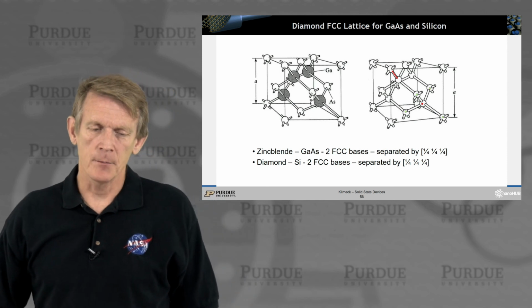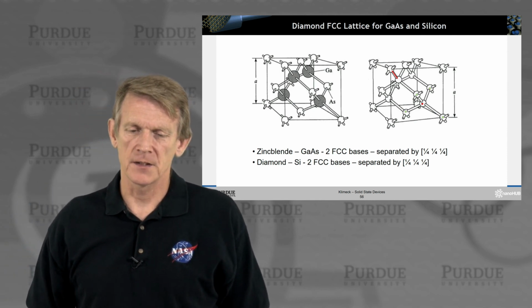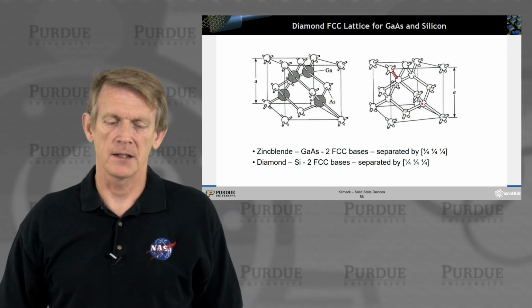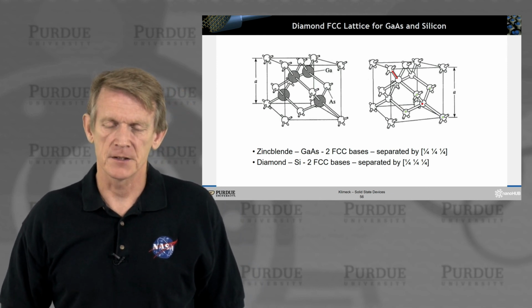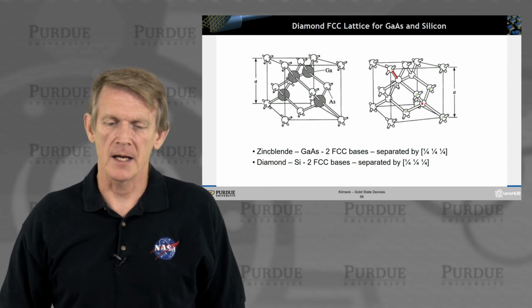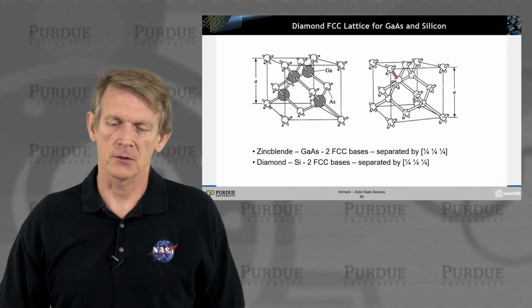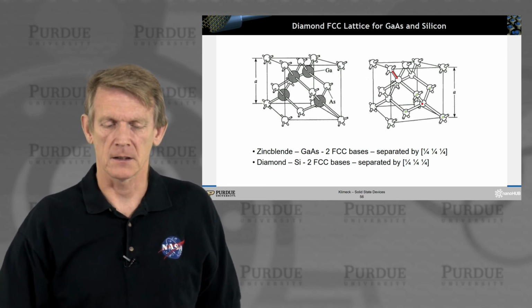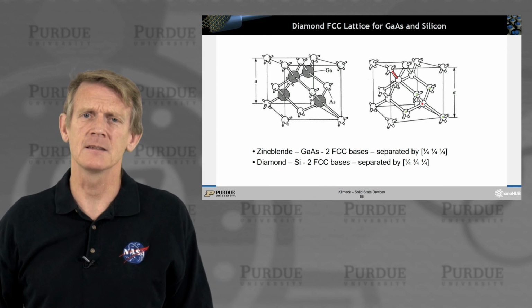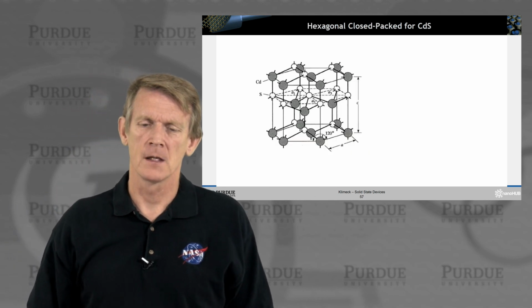Now, diamond or silicon is really the same crystal structure. It has 2 FCC bases, but just a single species in it. All the atoms in that crystal are silicon rather than gallium arsenide, but the crystalline structure is identical. So it's 2 FCC bases separated by quarter, quarter, quarter.